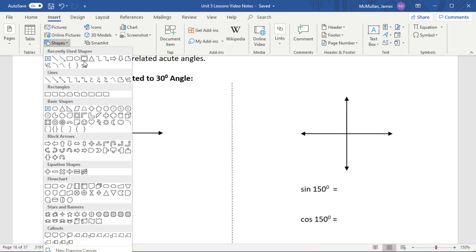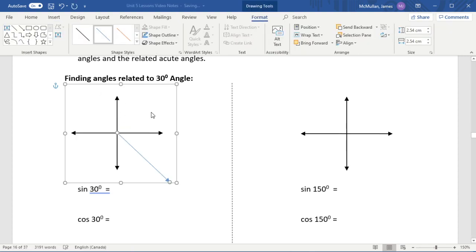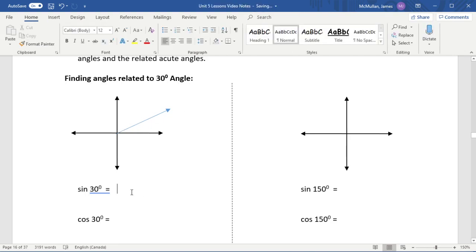We're definitely going to want to draw these angles. A 30-degree angle, I'm just going to approximate, is something like this. It's less than 45. It's in quadrant 1, and that would be what a 30-degree angle looks like, roughly.